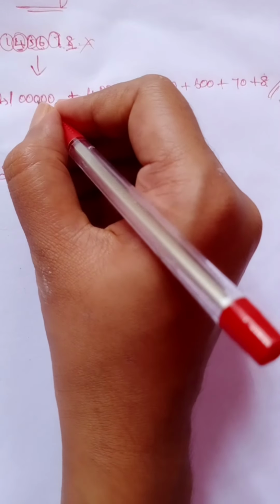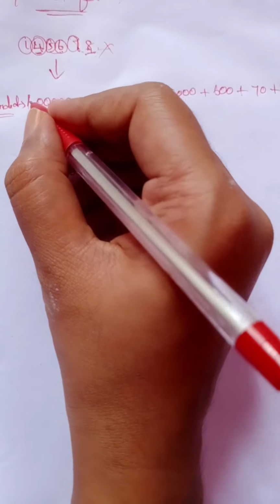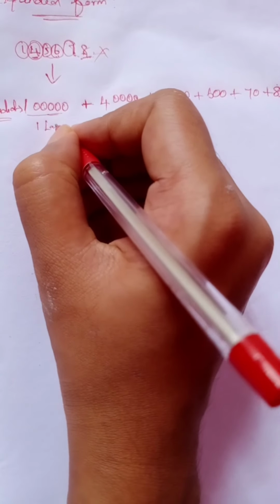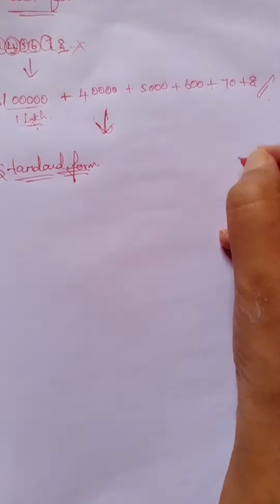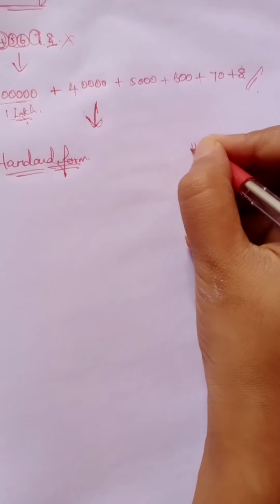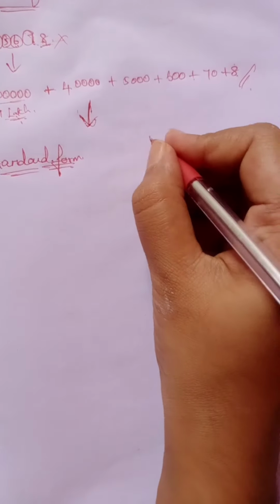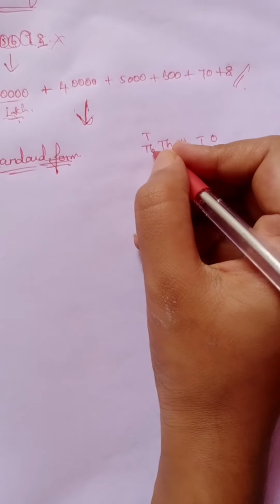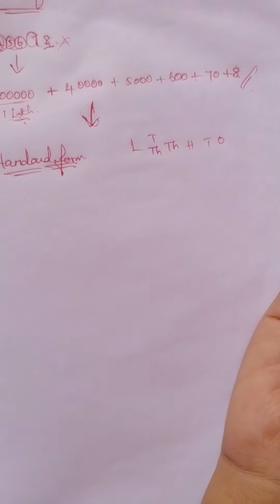Here the standard form starts with the number 1 lakh. So I'm going to write place values up to 1 lakh. Okay. Ones, tens, hundreds, thousands, 10,000, lakh. Enough.